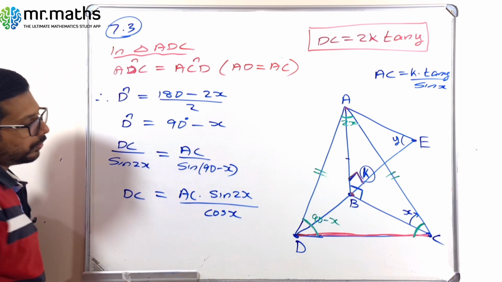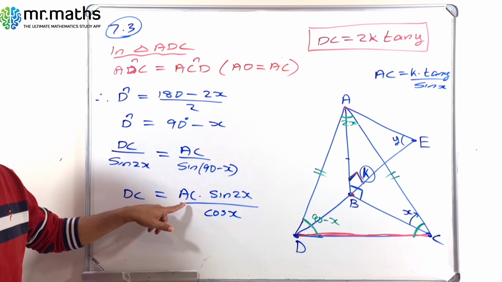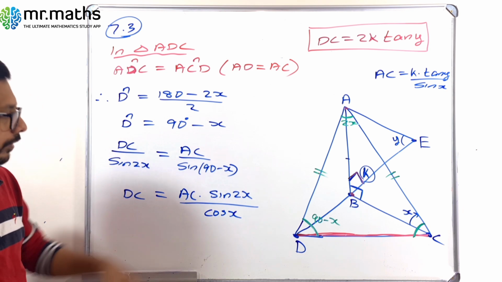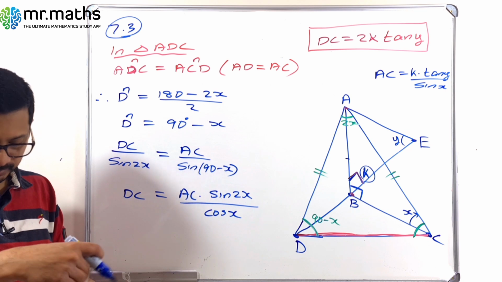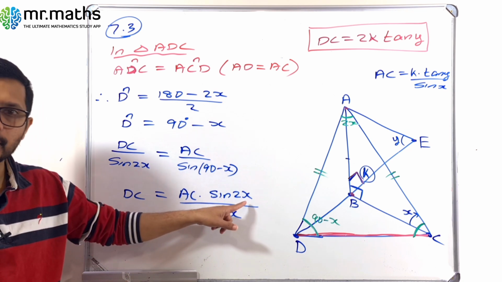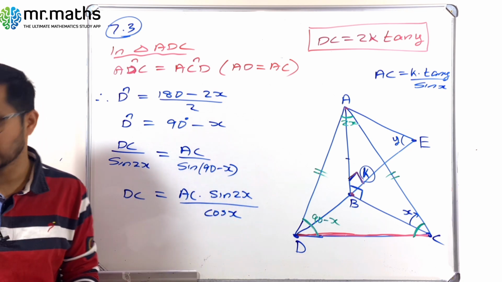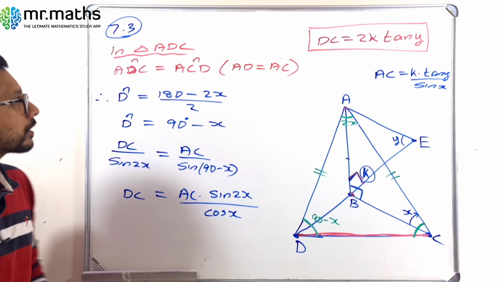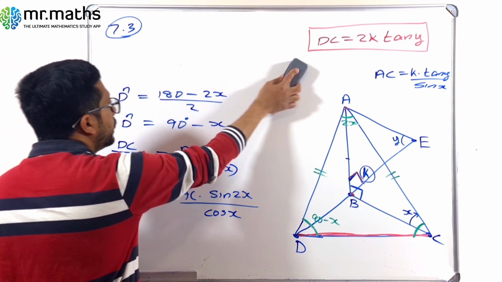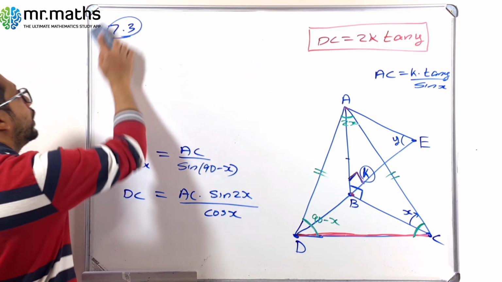Now let's expand this one. Sine 2x is a double angle. What is sine 2x? 2 sine x cos x. Those who didn't write this, pause the video and write it.